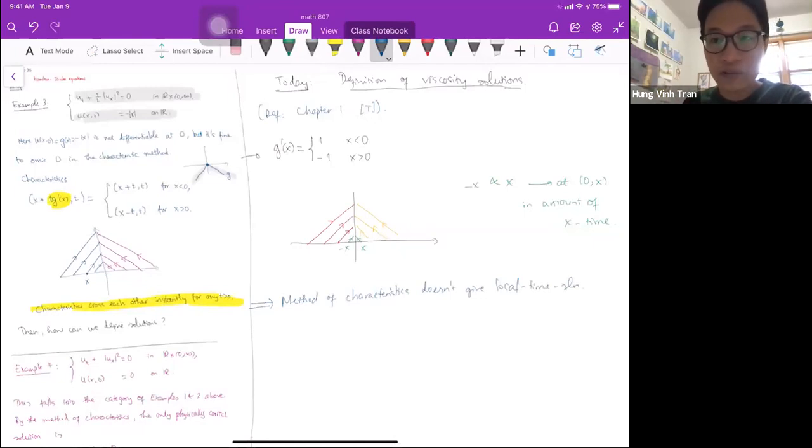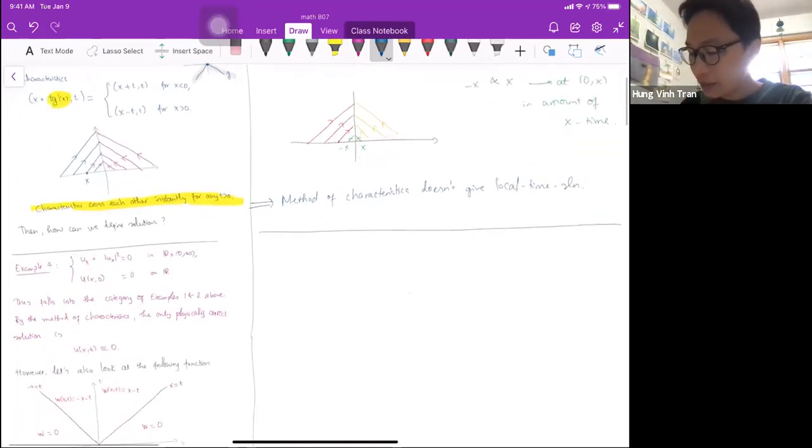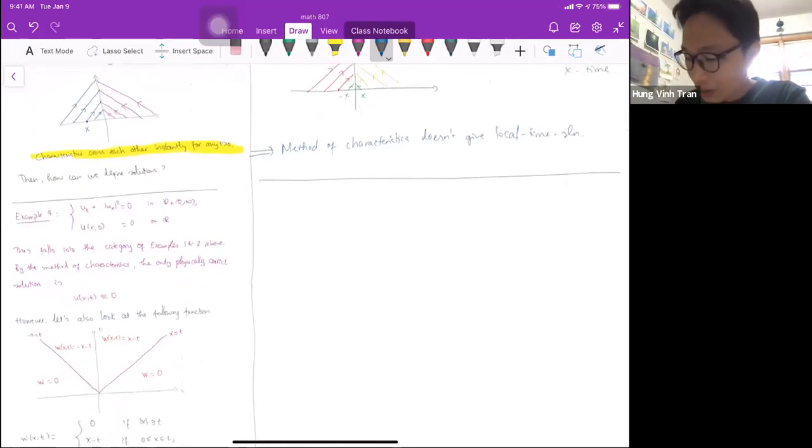So we have to be careful when we say local in time; we need to impose conditions appropriately. I'll introduce another example in a similar flavor later on, and my question for you is to find the viscosity solution in this case later.